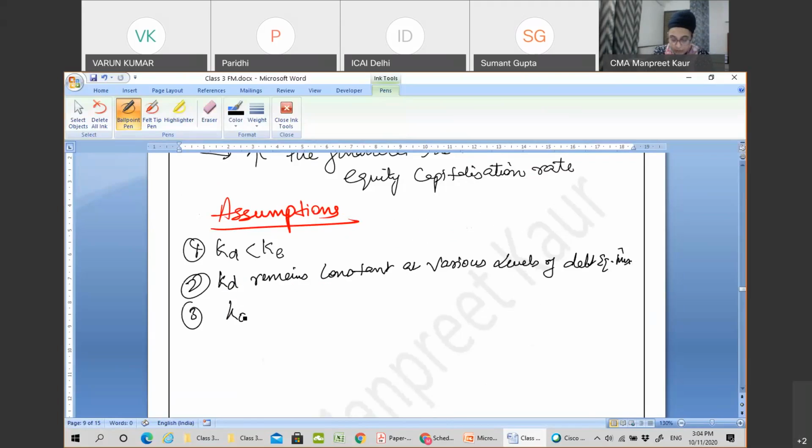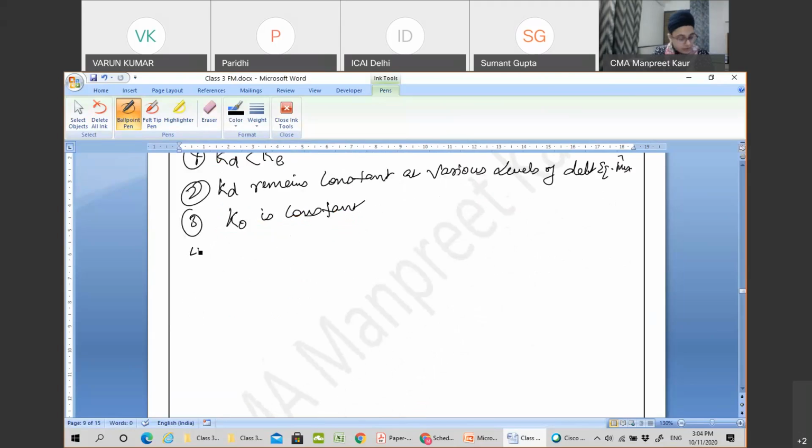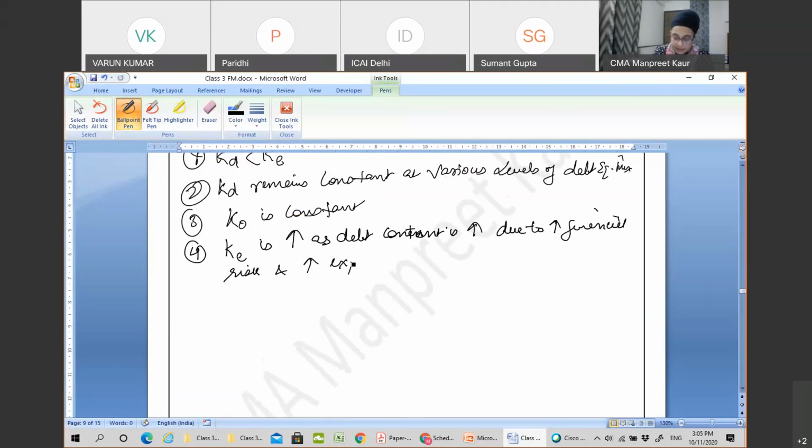Third is KO is constant. Next, KE is more as debt content is more due to higher financial risk and higher expectations of equity investors.